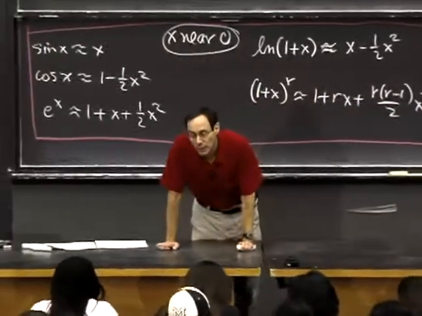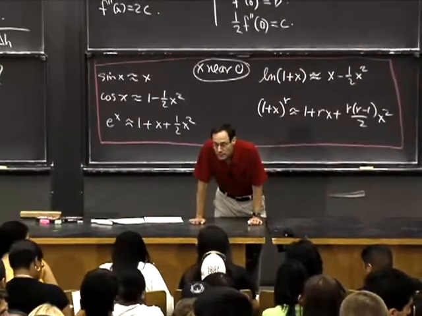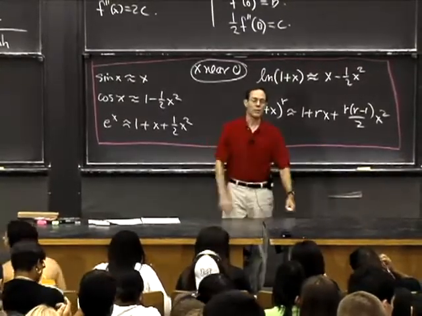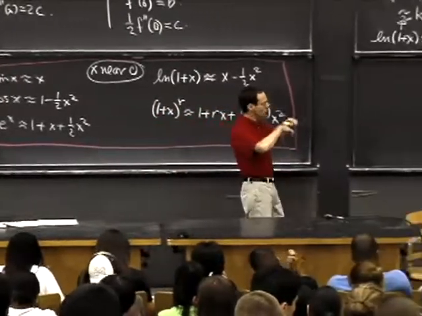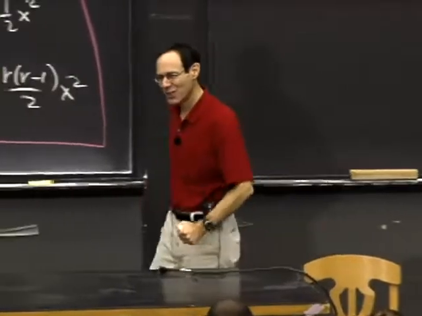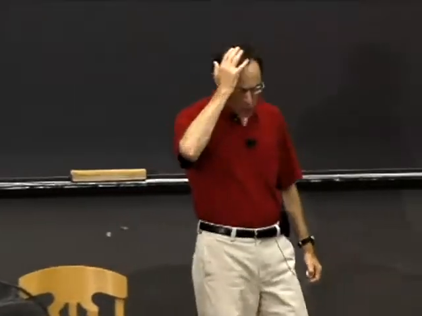Yeah, another question. I have a question about, when they give you a question, do they specify whether you should use linear or quadratic approximation? That's a very good question. When they, which in this case means maybe me, give you a question, does one specify whether you want to use a linear or a quadratic approximation?